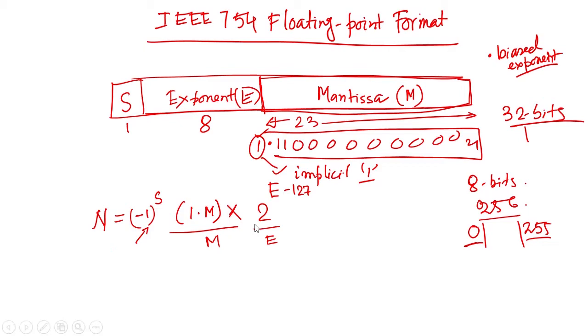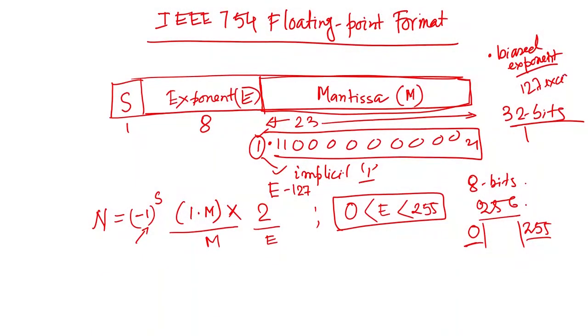So, this will be valid for e from 1 to 254. This is the biased exponent, and it is also called excess-127 code.